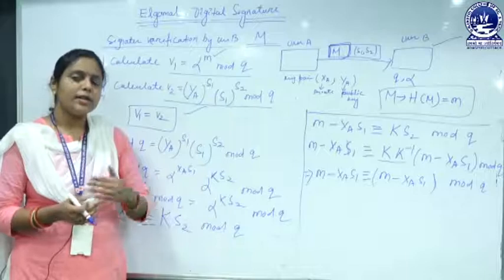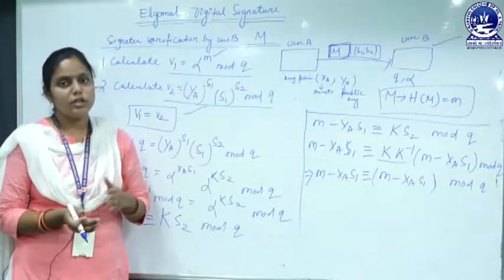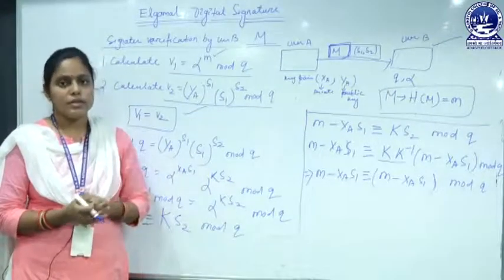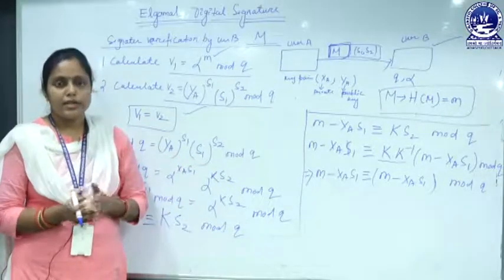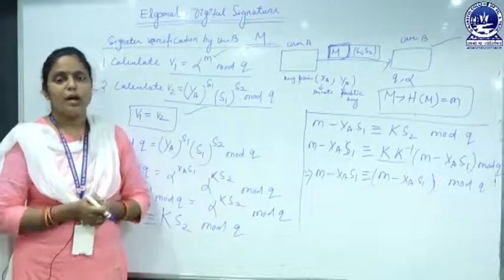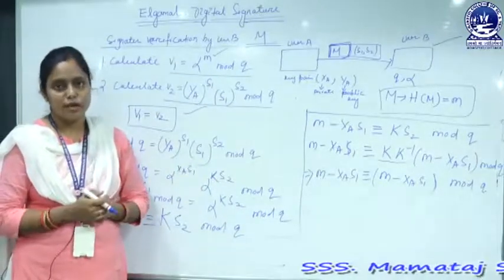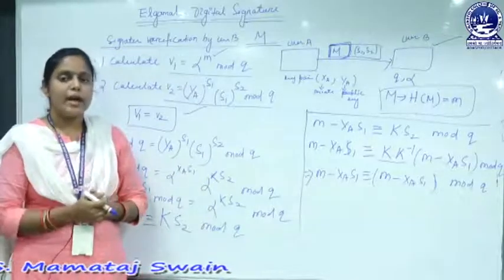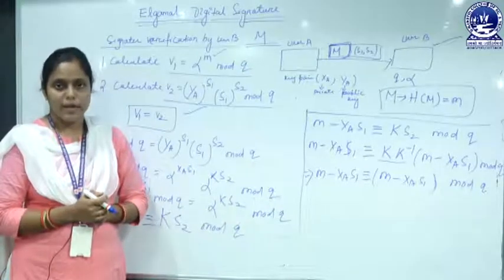Then the user A appends this signature to the message which A wants to send to the receiver B. When the user A transmits the message and signature to the user B, the user B performs the verification of the signature. When the signature is valid, the user B takes this message as a valid message.